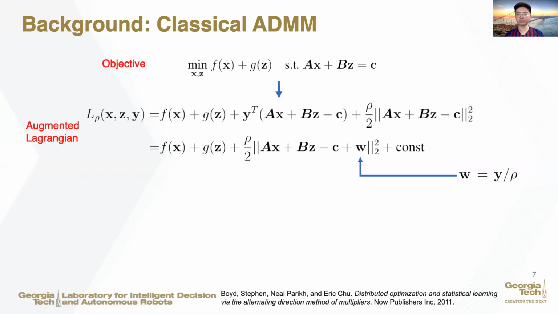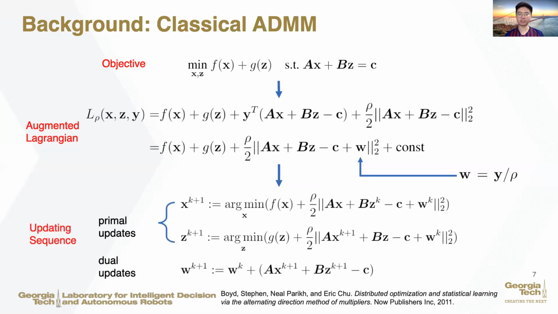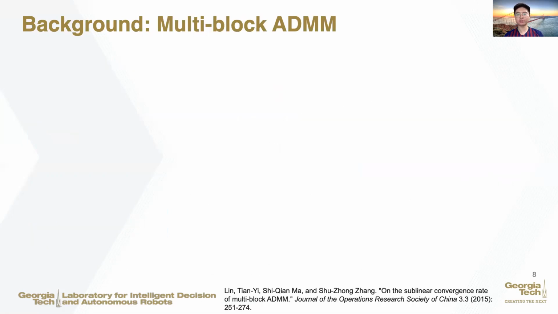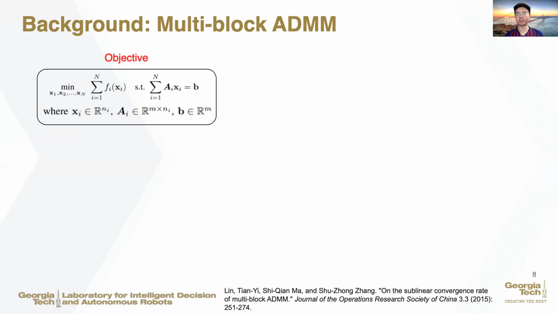Then the problem will be solved in an alternating and iterative way. The updating sequence will be divided into primal and dual updates. During the primal updates, we will only optimize for the local variables and assume the rest of the decision variables as constants. A natural extension to this two-block ADMM is a multi-block ADMM.